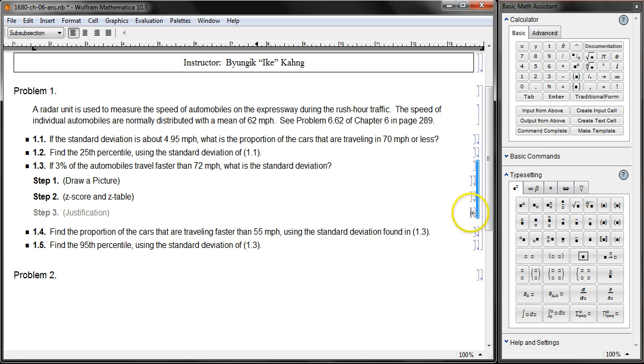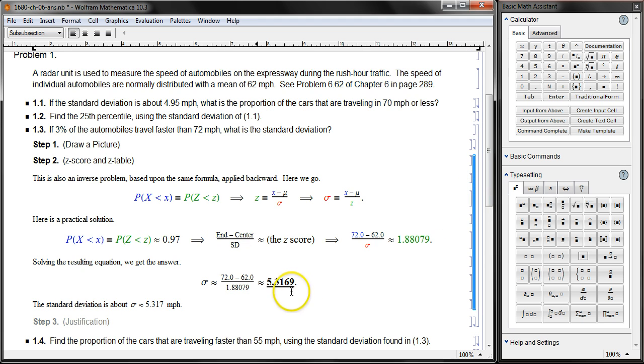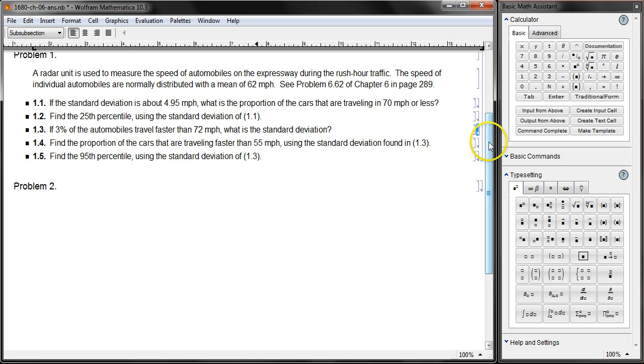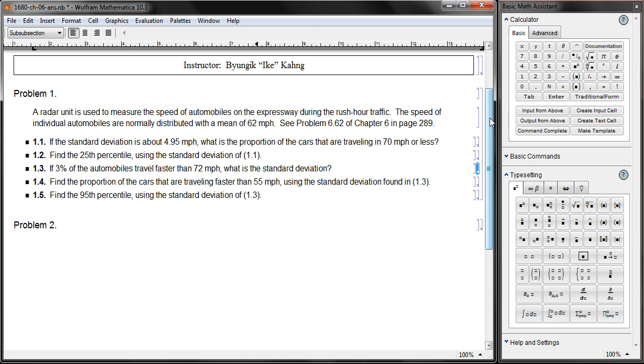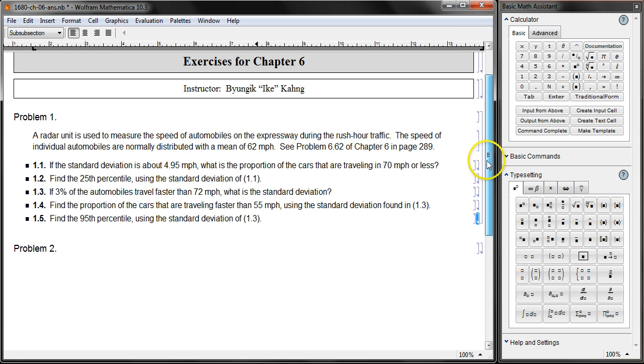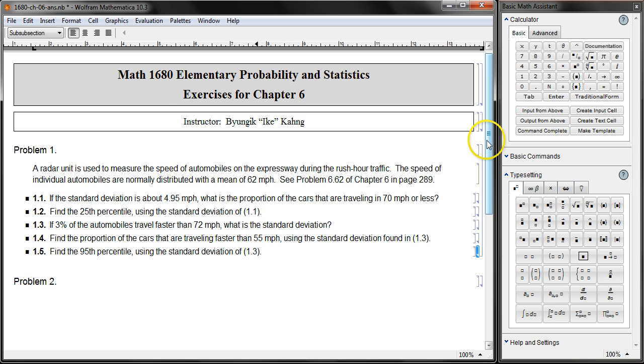I forgot already. Amazing. 5.317, yes. So 5.317 for this problem, 5.317 for that problem. Do we have enough time? Yes. Okay, let's go ahead with 1.4.